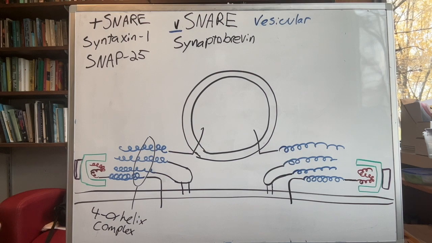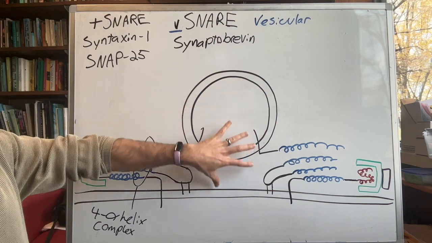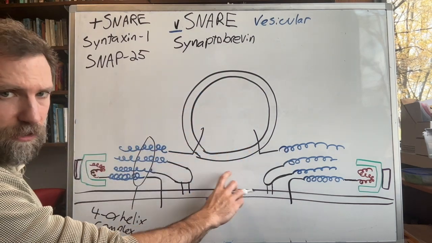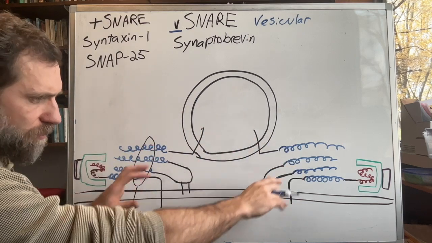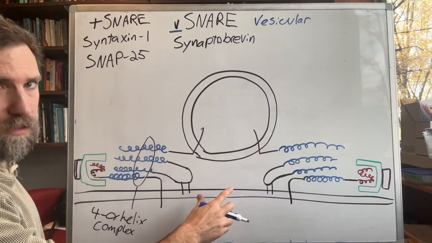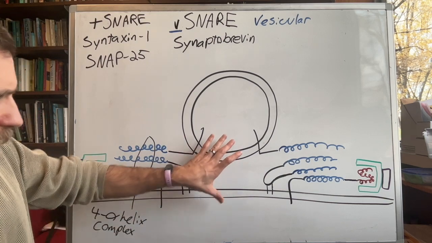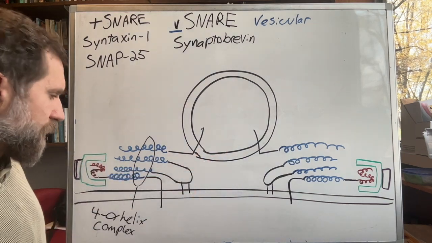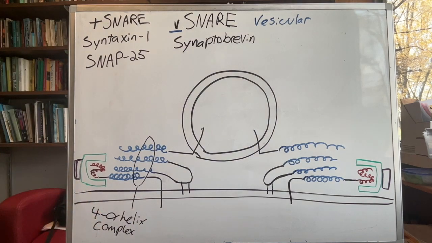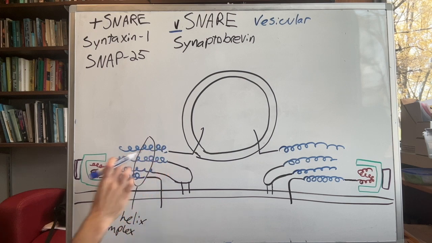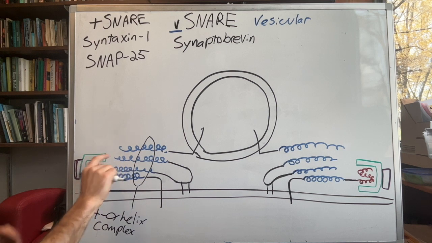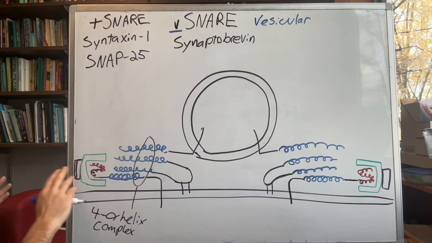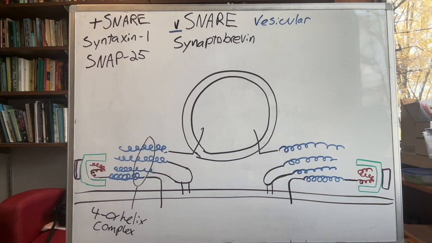Okay, so in this conformation here, you can see how easily now these vesicles can be brought down towards the target zone and to the target SNAREs in the active zone of our presynaptic neuron. All right, getting close here to merge. And as they get in this conformation here, they will start to zipper. And they zipper from sort of from furthest away from the vesicle towards the vesicle. But they don't go all the way.